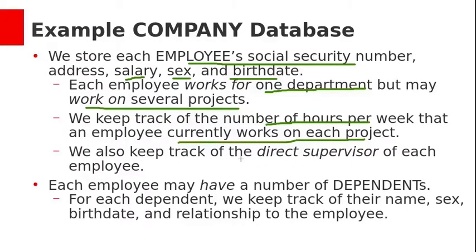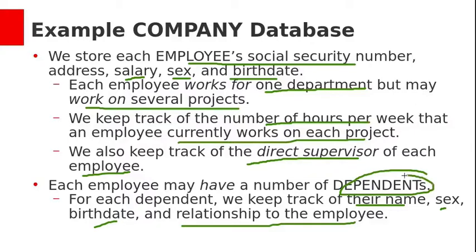And we also keep track of the direct supervisor of each employee. Each employee may have a number of dependents. For each dependent, we keep track of their name, gender, birth date, and relationship to that employee. Here dependent means their family members. These are the requirements collected from the users.